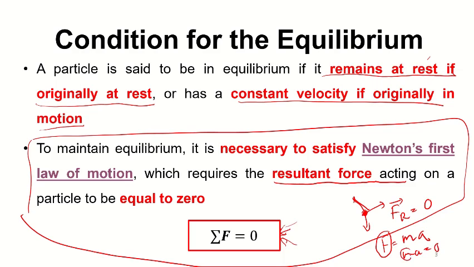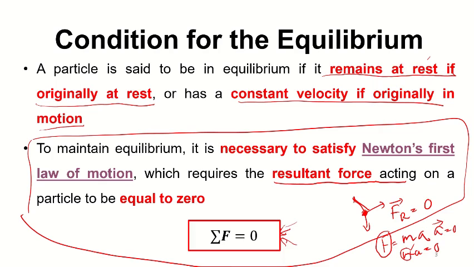We know that the particle has a mass, so a should be equal to 0. This means the particle's acceleration is 0, so either it is at rest or it moves with a constant velocity. Then we say the particle is in equilibrium.